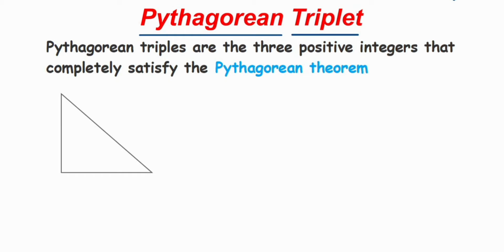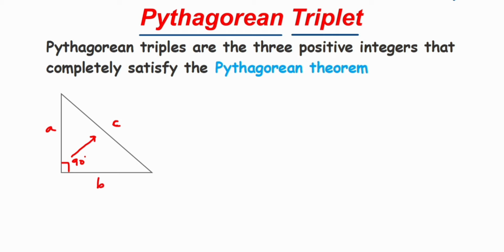So I have taken here a right angle triangle, and we know that this is 90 degrees. The opposite side will become the hypotenuse, which let me take as C. That is, this whole side I'm taking as C. Let me take the height or the altitude as A and the base as B, right?